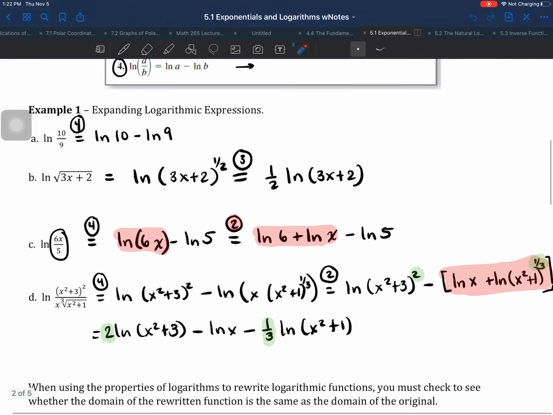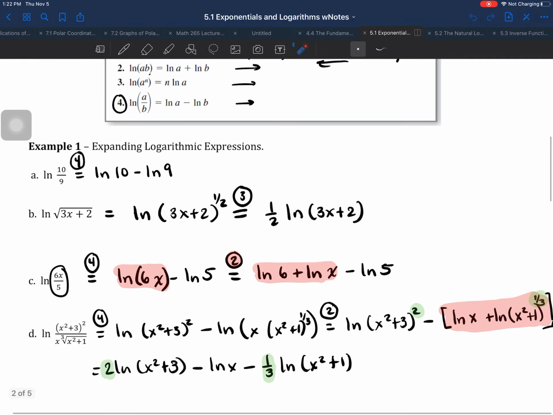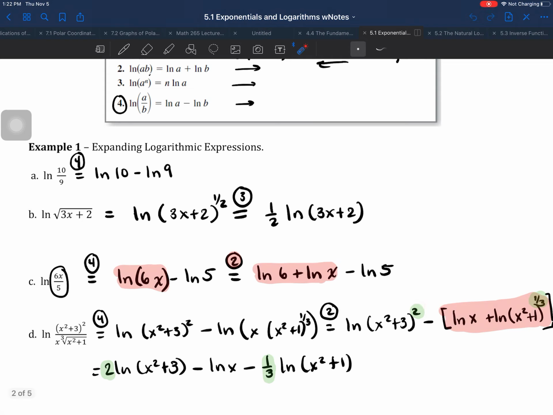The next line will require us to distribute this negative to both terms, and at the same time we're going to use property number 3, which allows us to move the power as a factor. So this will be rule number 3.